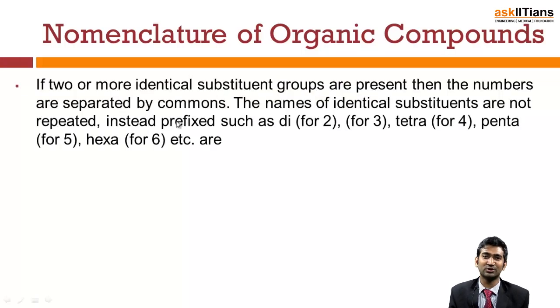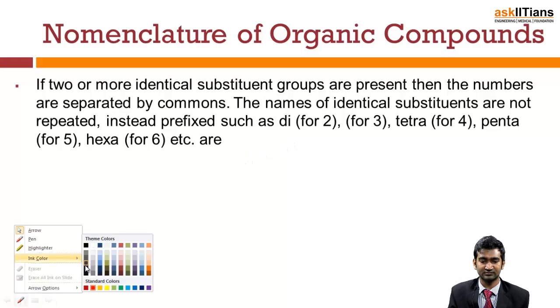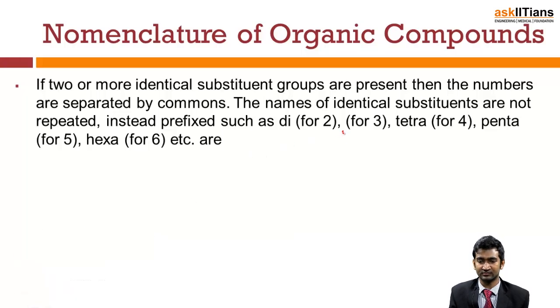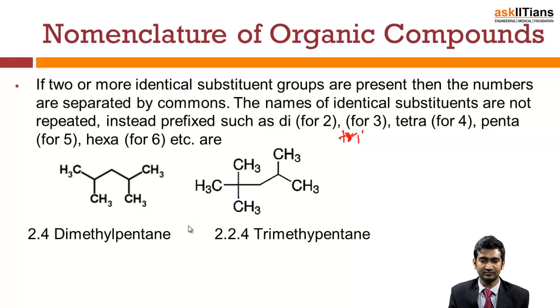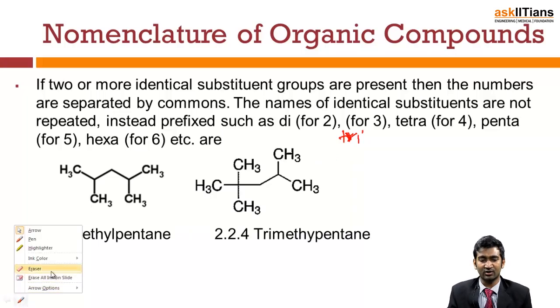And if more than one side chain is attached, then you can use di, tri, tetra, like that. Try for this one. Here you can see at the second position I have methyl, at the fourth position also I have methyl.